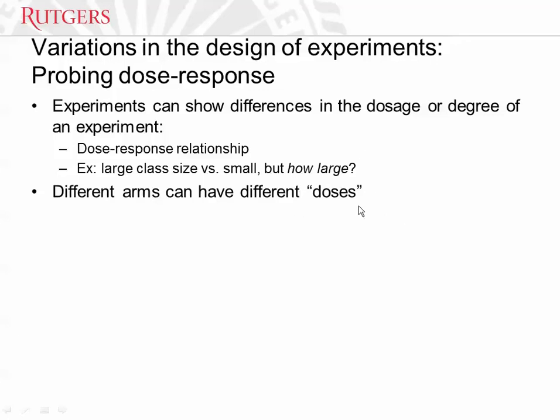We could have a smaller version of the program where you only save, let's say, 20 or 25 euros a month, and even a larger version where you could save up to, let's say, 100 euros a month. So one way sometimes experiments are set up is they test not just one treatment versus a control group, but various doses of a treatment, a small cash benefit, a medium cash benefit, and a large cash benefit. And they try to look at the dose-response relationship.